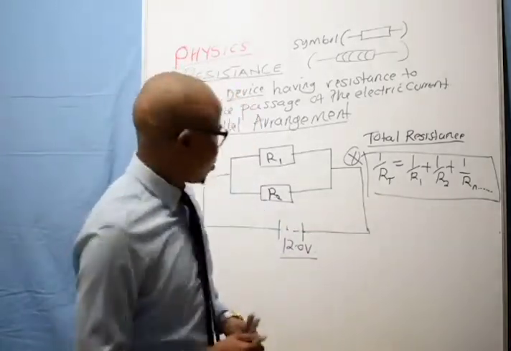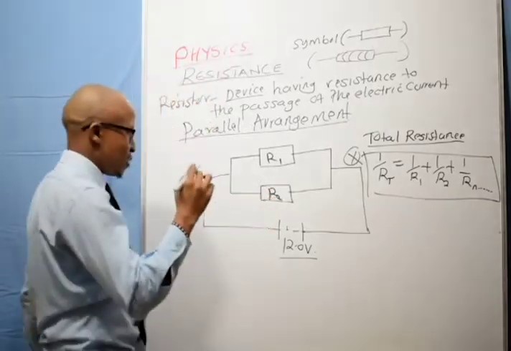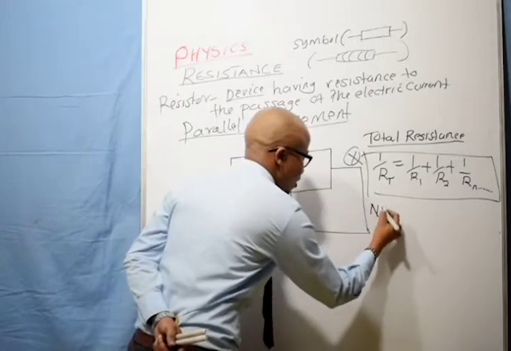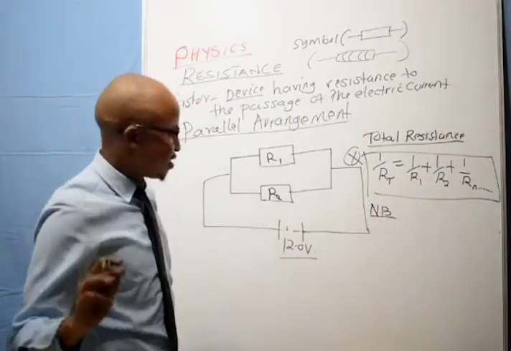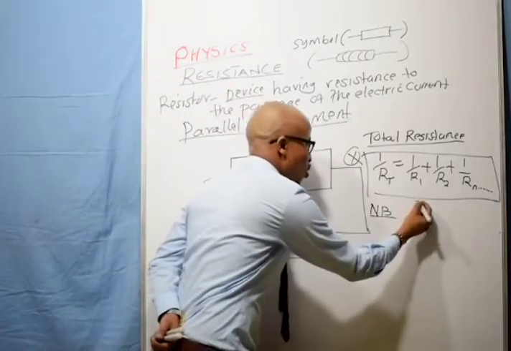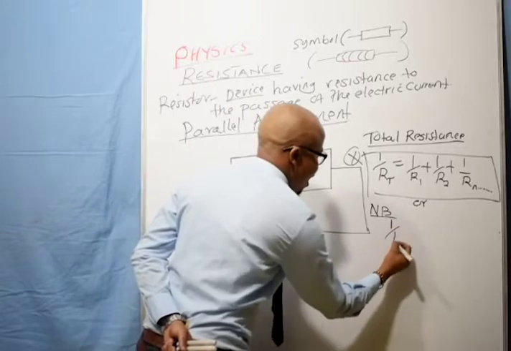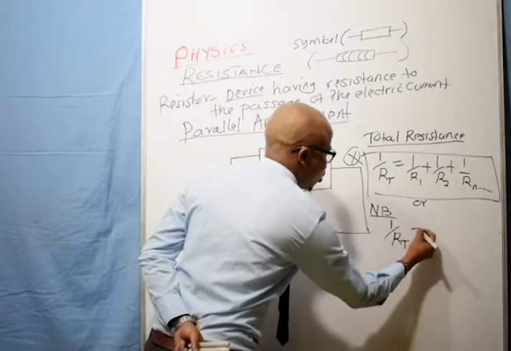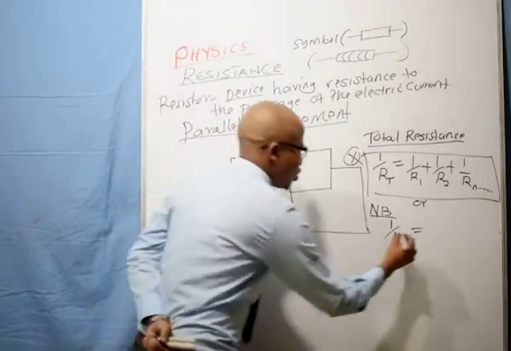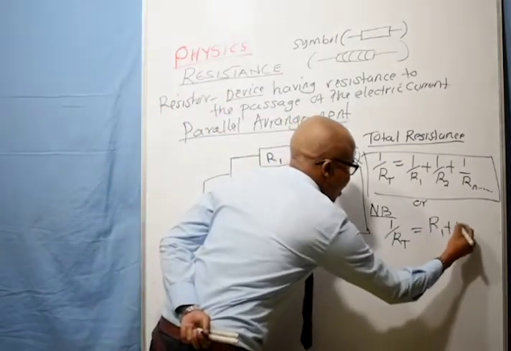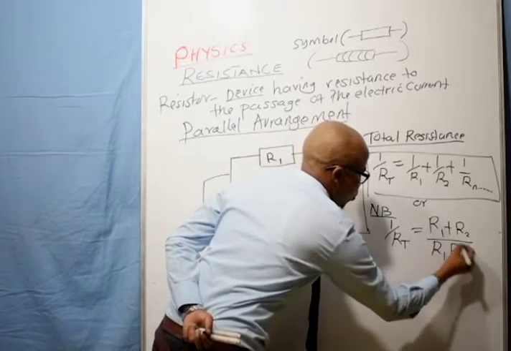I will tell you this way. Whenever you have two resistors, make a note, NB. Whenever we have two resistances, we can use this one: RT is equal to R1 times R2, all over R1 plus R2.